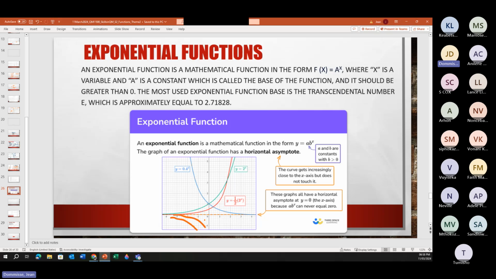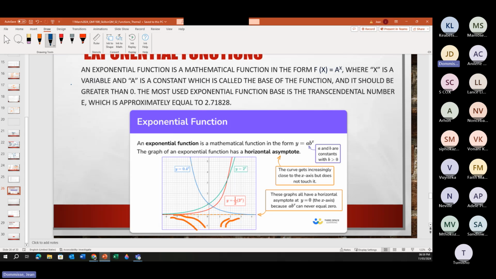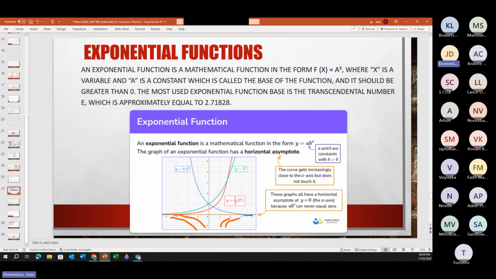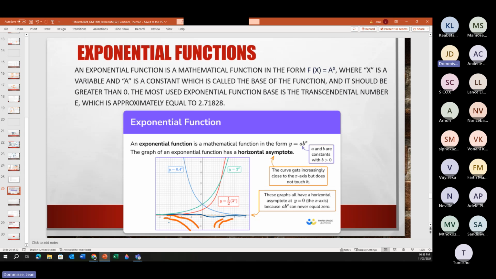So don't get me wrong, it doesn't always all be up in quadrant 1 and 2. There can be ones in the negative as well, but it will never cross the x-axis. So that will never happen. It might be that it runs very close to it, but it will never cross the x-axis.